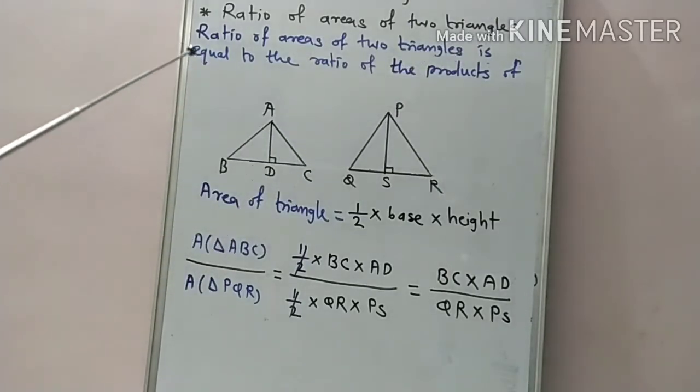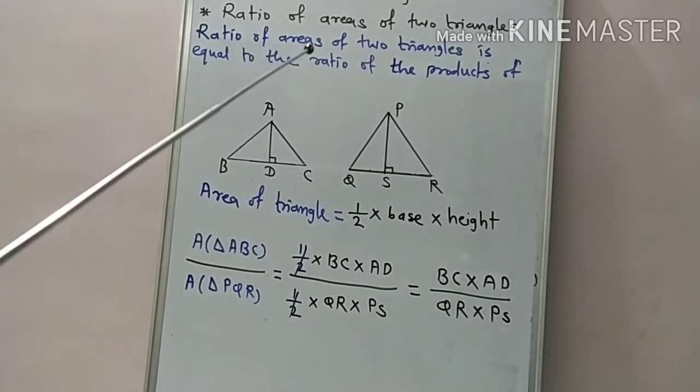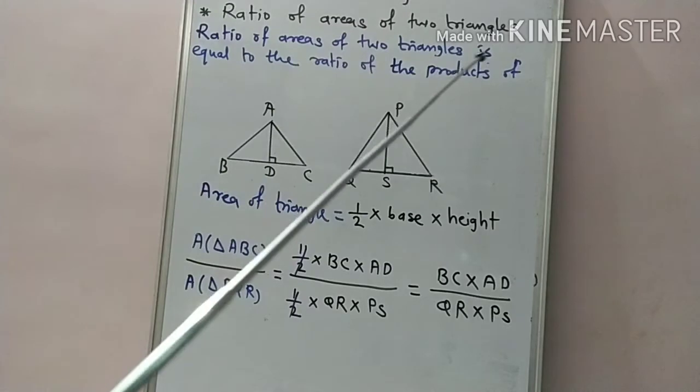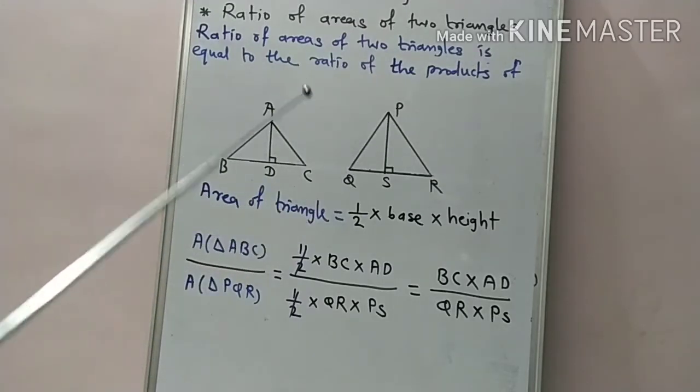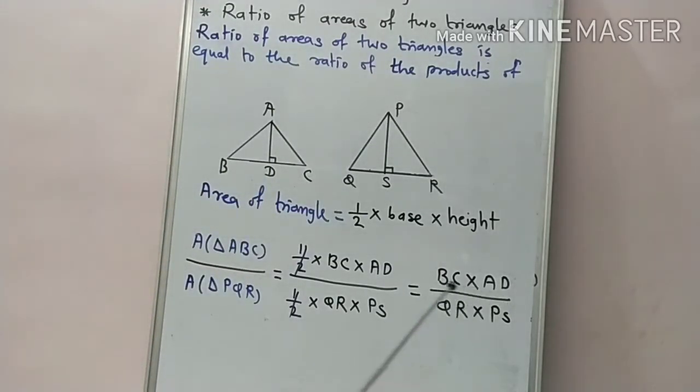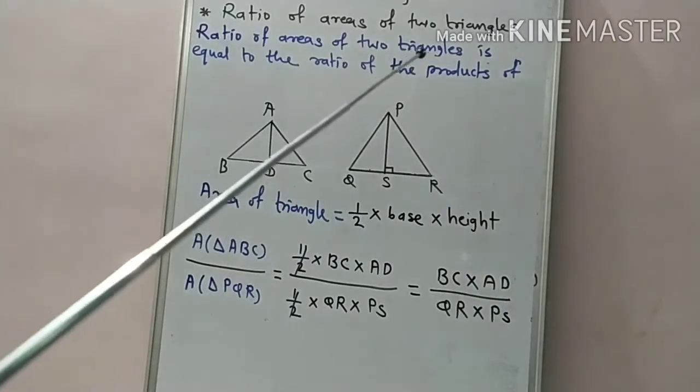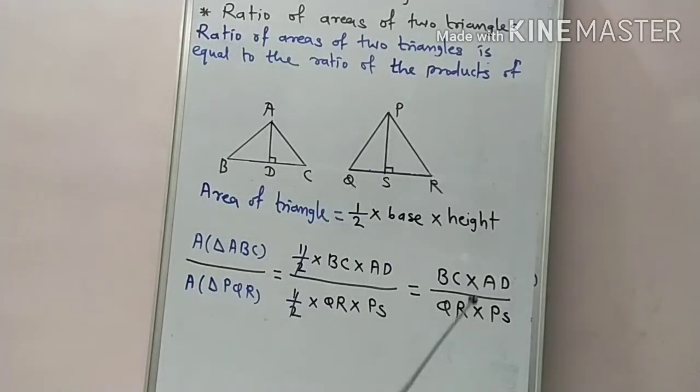So in a statement, we write that the ratio of areas of two triangles is always equal to the ratio of the product of BC and AD. For triangle ABC, BC is the base and AD is its corresponding height.